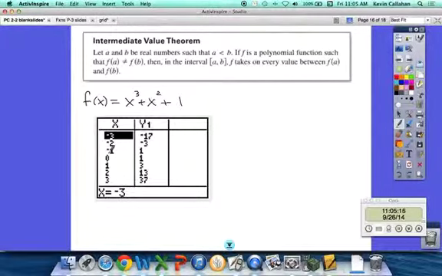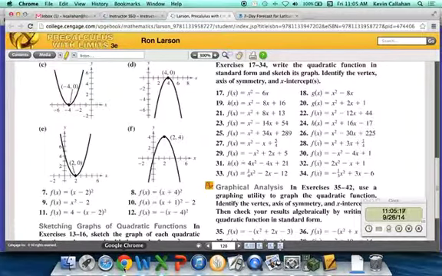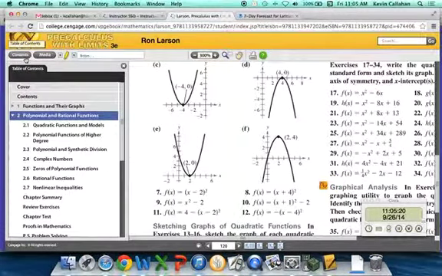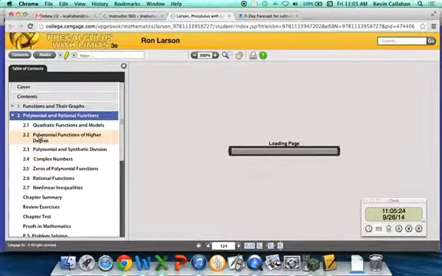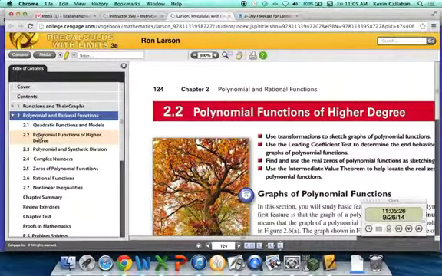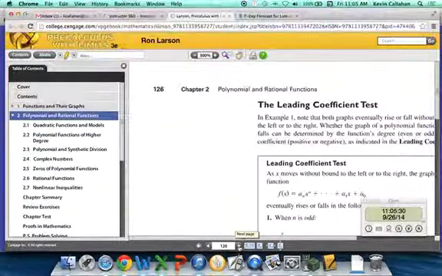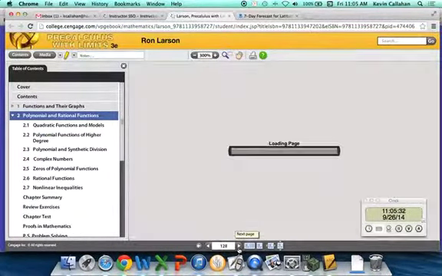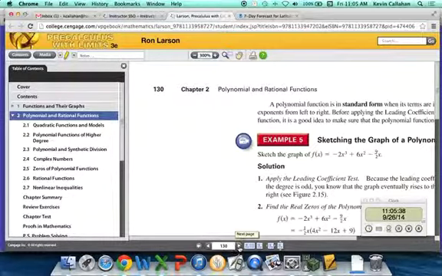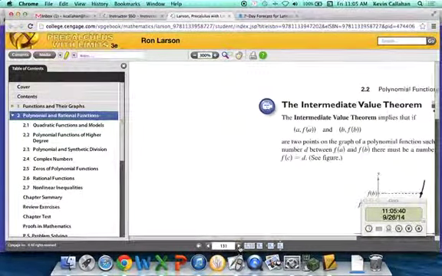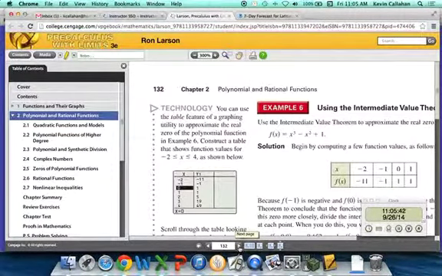In fact, let me do this. Hopefully this thing is not. Almost there.